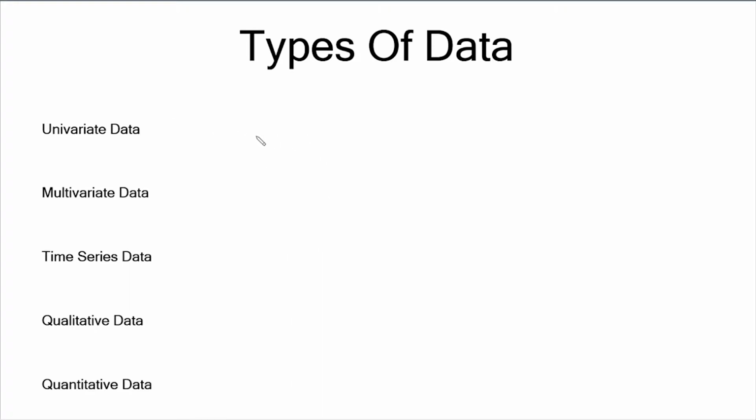Univariate data is where you might have multiple participants or units in the study that you're looking at. These could be people, sheep, fish, whatever, and you're looking for a single piece of information from them. So this might be height.